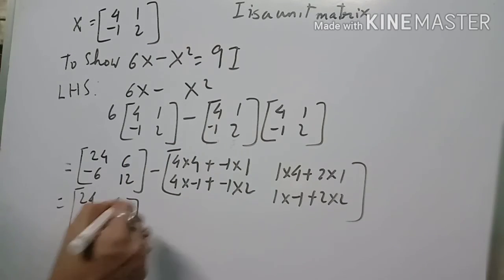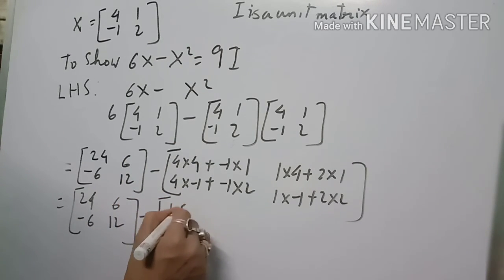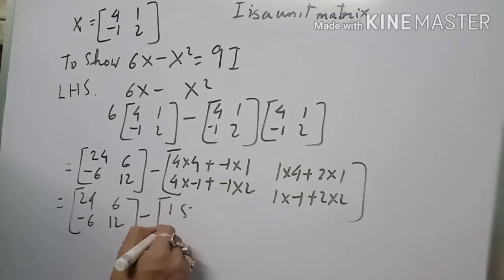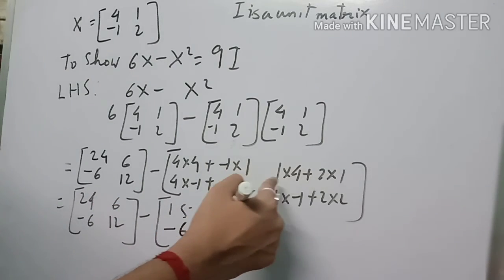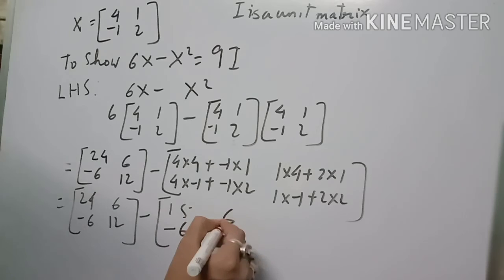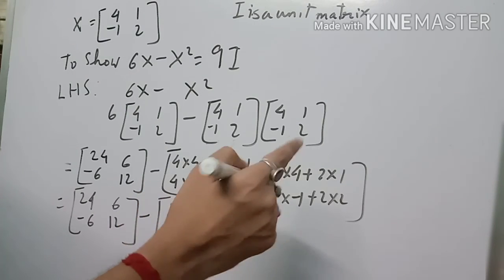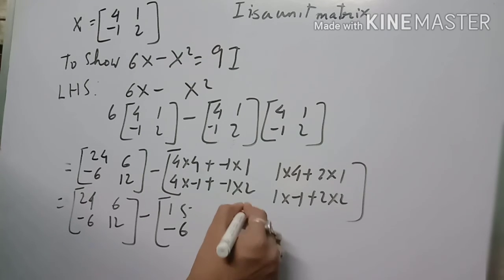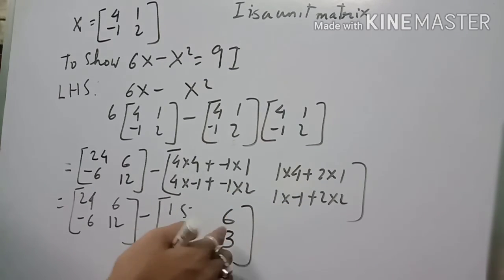From 16 minus 1, 15. Minus 4 minus 2 becomes minus 6. Fine. 4 and 2 becomes 6. Fine. Minus 1, 4 minus 1, 3.